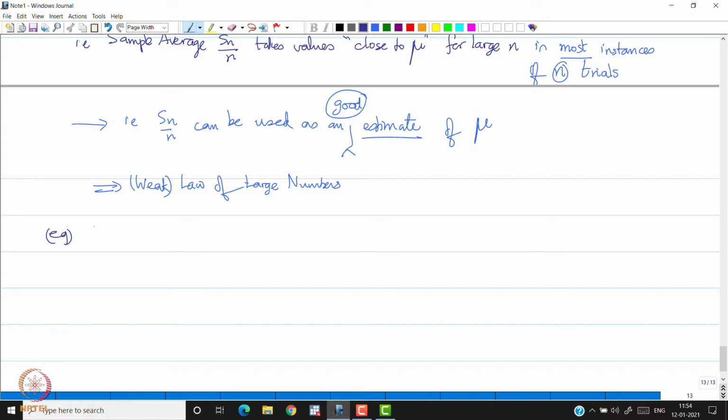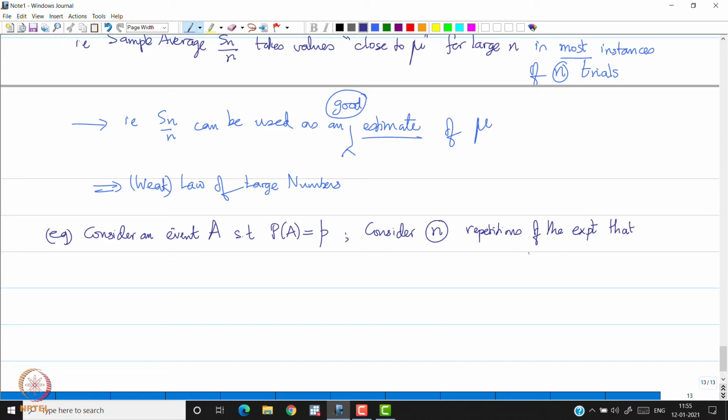Supposing, consider an event A such that the probability of the occurrence of A is some number small p, and then consider n repetitions of the experiment that includes the event A. That is, A is one of the possible events in the experiment, and it occurs with probability small p.